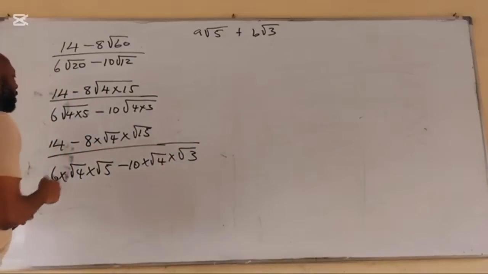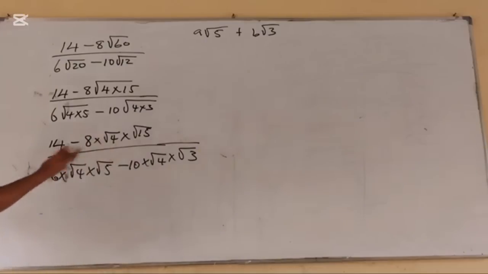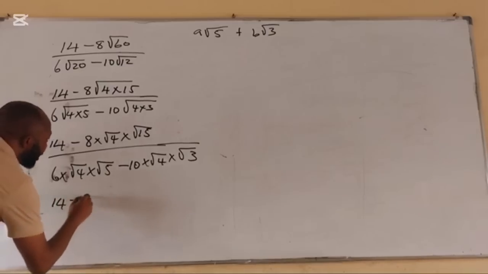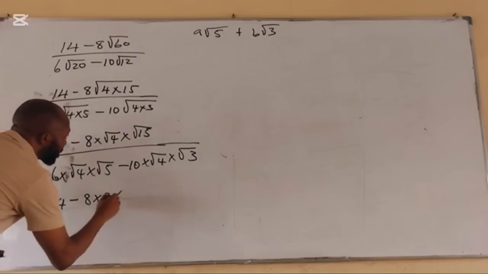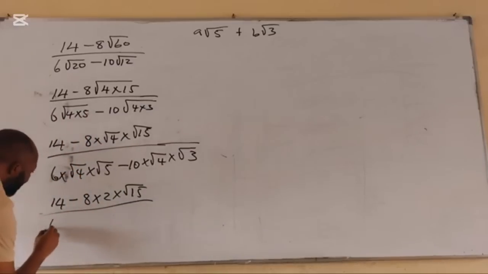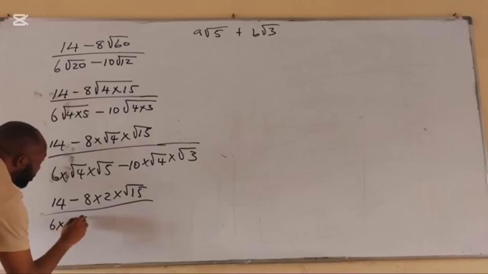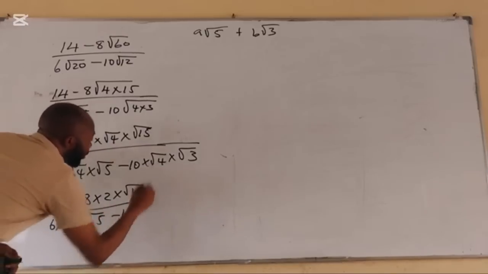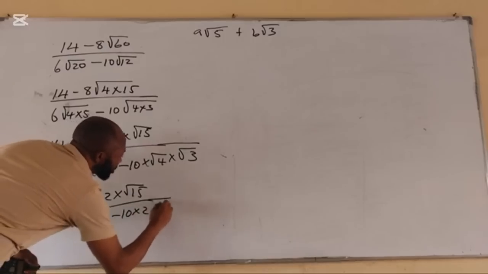So, here we are almost having something very close here. Let's go on. We have 14 minus 8 times root 4 is 2 times root 15 over 6 times root 4 is 2 times root 5 minus 10 times root 4 is 2 times root 3.